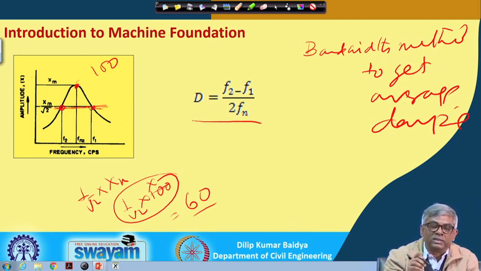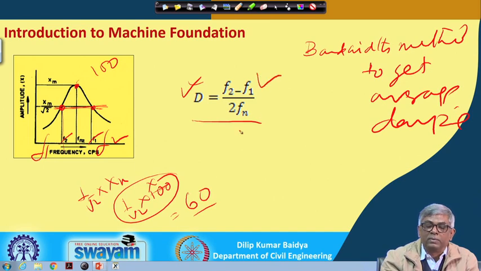Corresponding to amplitude 60 we may get 2 frequencies. The lesser one, before resonance, is called F1, and beyond this we are getting F2. In that case the expression of damping will be (F2 minus F1) by 2 Fn.